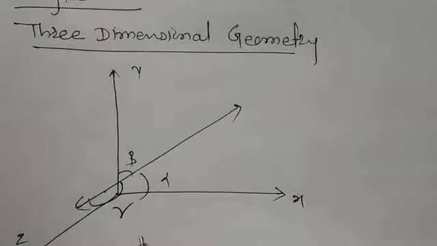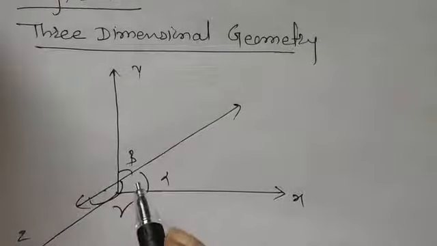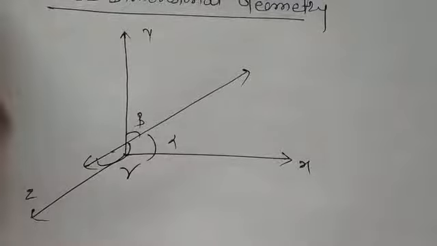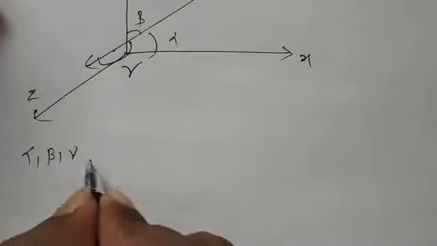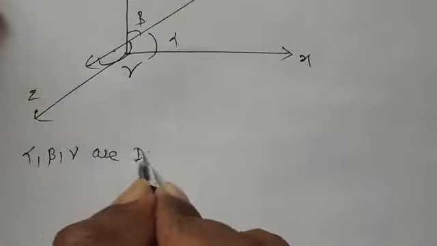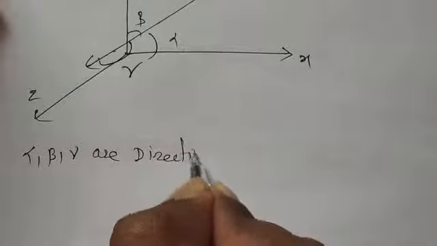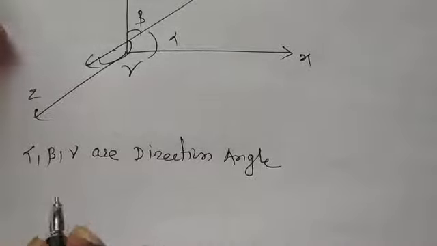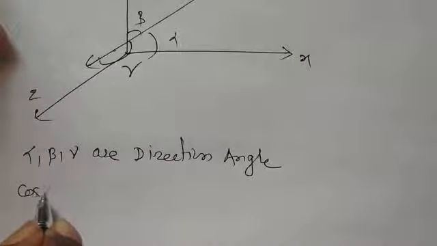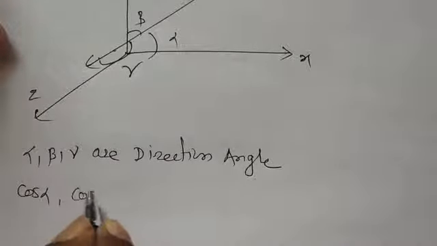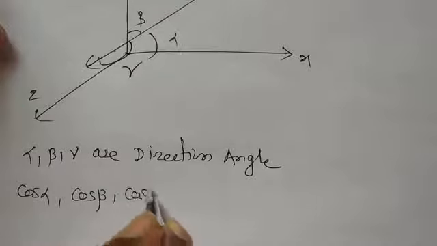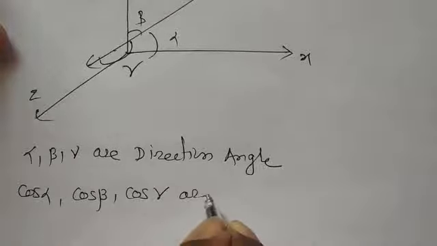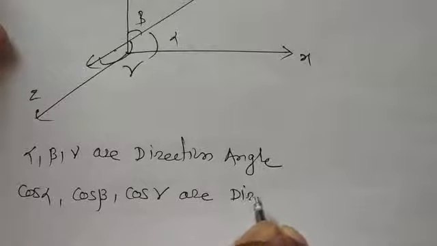Then all those angles are called direction angles. Alpha, beta, gamma are direction angles. And when we take the cosine, then cos alpha, cos beta, cos gamma are direction cosines.